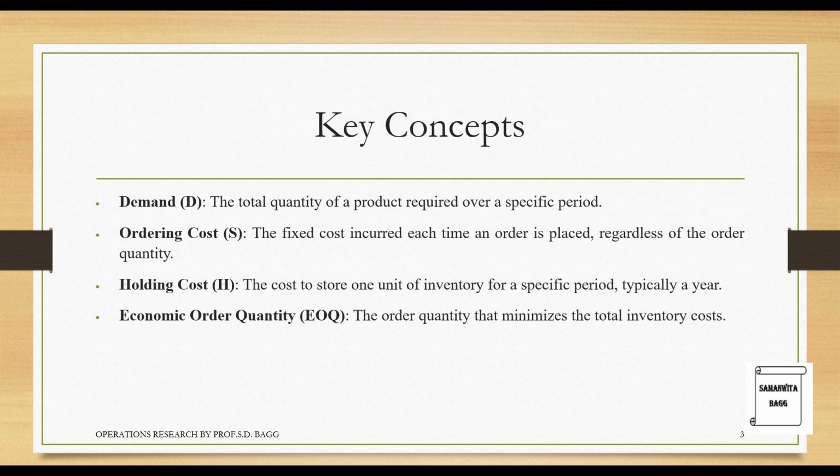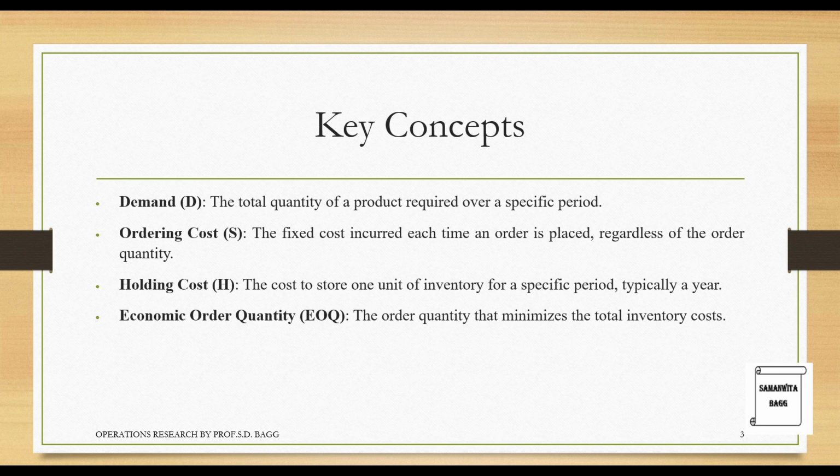Key concepts. Demand is indicated by capital D, the total quantity of a product required over a specific period. Ordering cost, it will be indicated by capital S, the fixed cost incurred each time an order is placed regardless of other quantity.